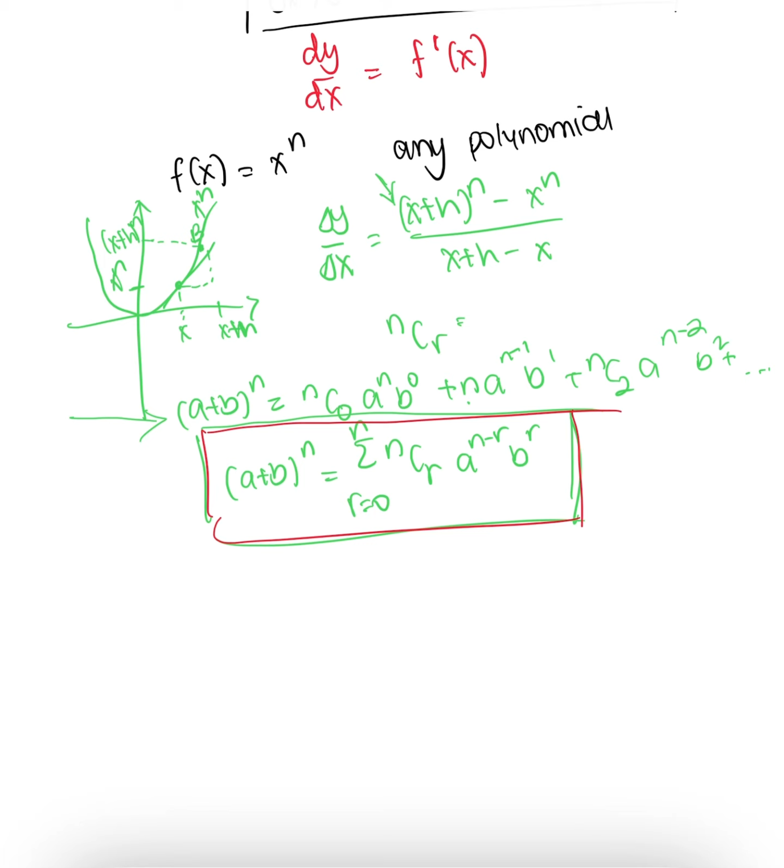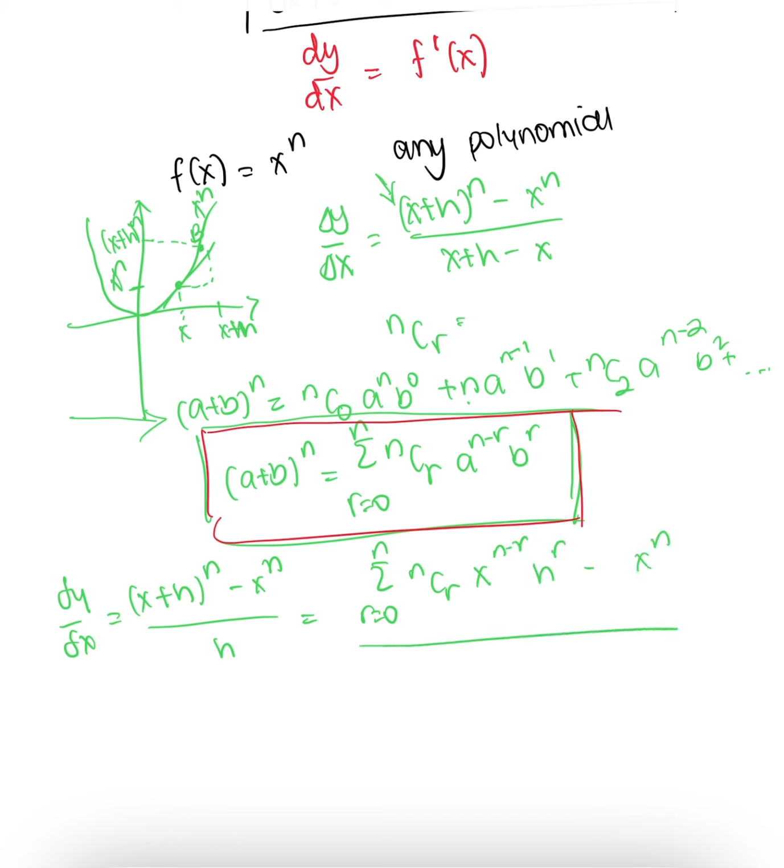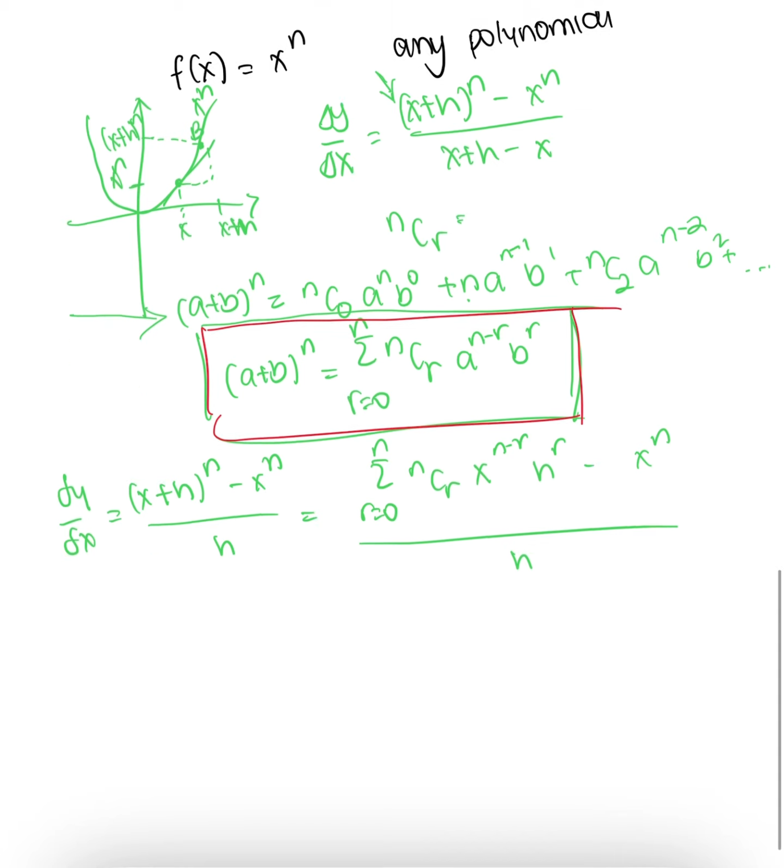Well, small change in y over small change in x equals x plus h, h is a small change, to the power of n minus x to the power of n over h. This equals the sum over r from 0 up to n of n choose r, x to the n minus r, h to the r, minus x to the power of n, all over h.